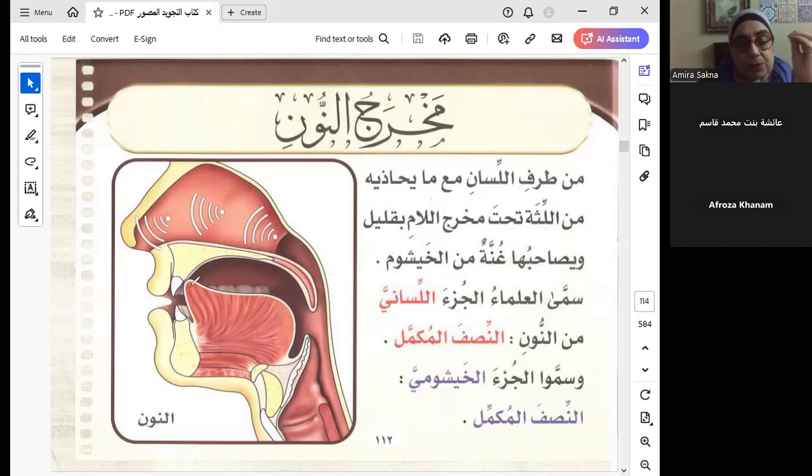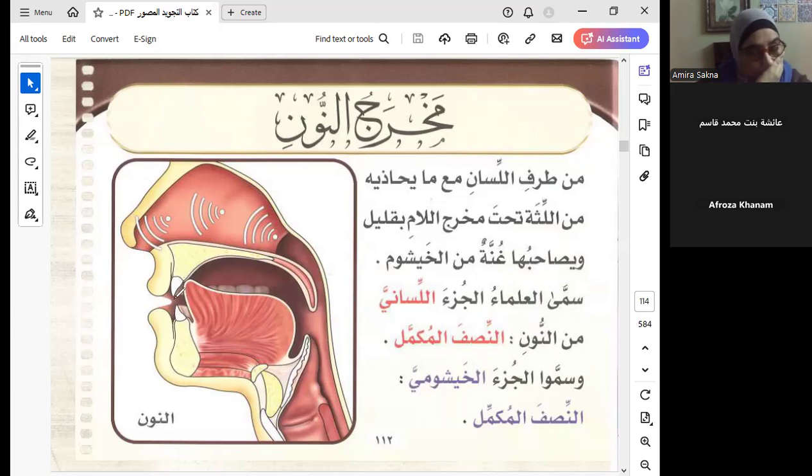How do we pronounce the noon sakina? The tip of the tongue with the alveolar ridge of the upper central incisor.